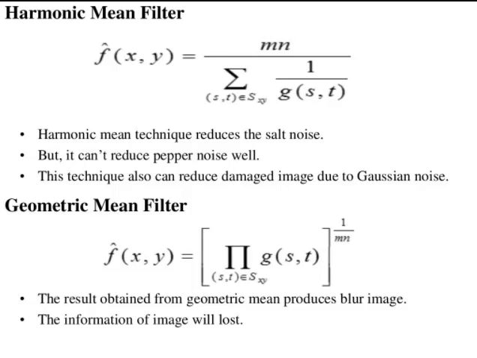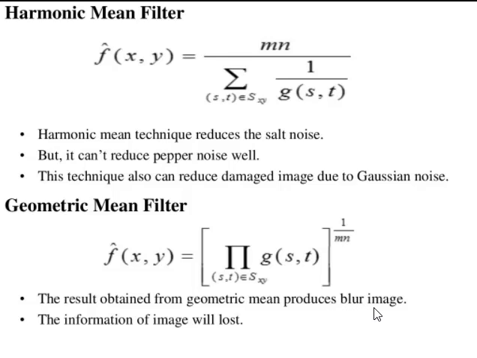Now the harmonic mean reduces salt noise, but pepper noise cannot be reduced, so it is very less preferred. Now the geometric mean filter produces a blurred image.